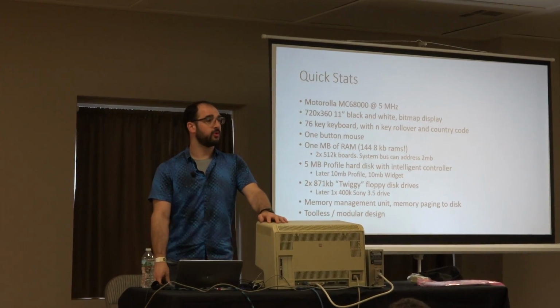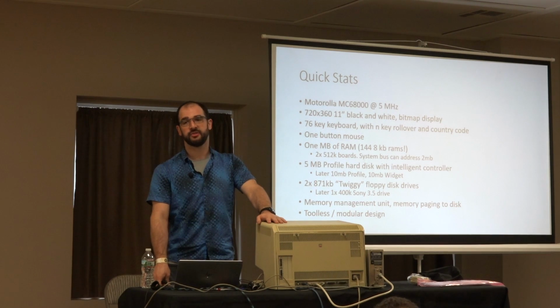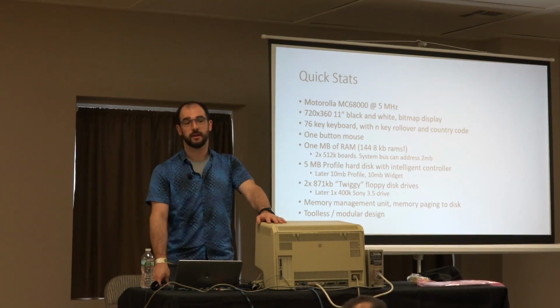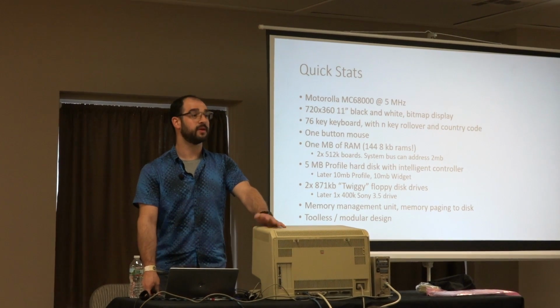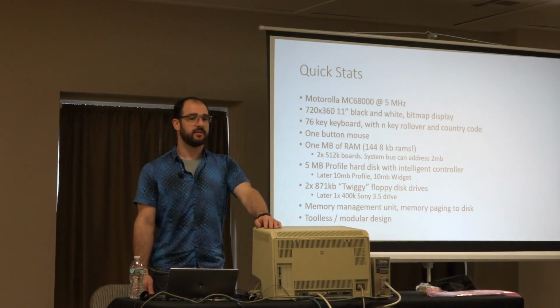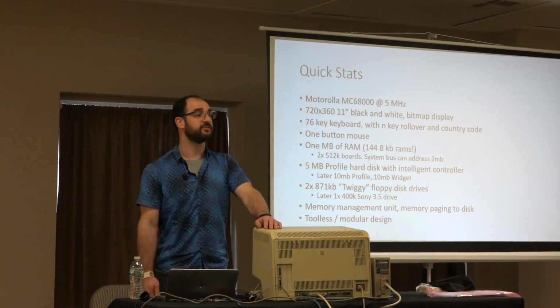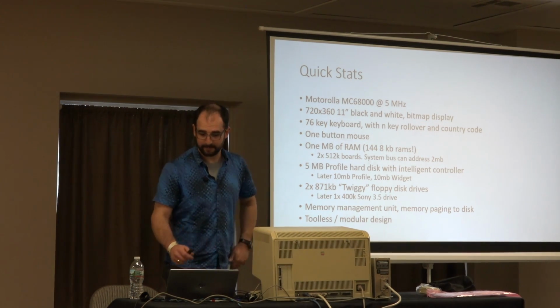The system shipped with a megabyte of RAM. And that is where the bulk of the cost of one of these machines comes from. Think of comparable systems at the time. Commodore 64, 64 kilobytes of RAM. In the original Lisa, the RAM alone cost about $5,000 in parts cost to Apple.